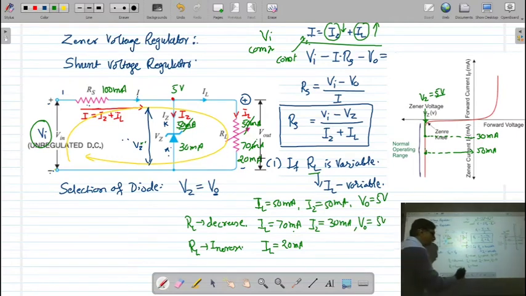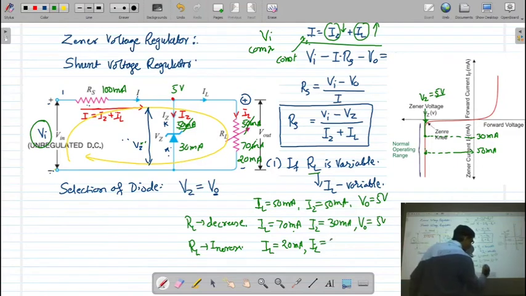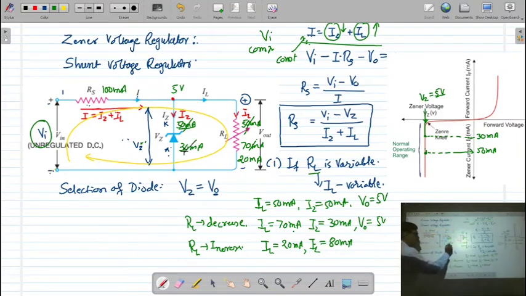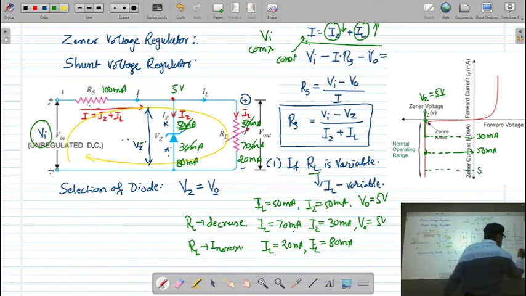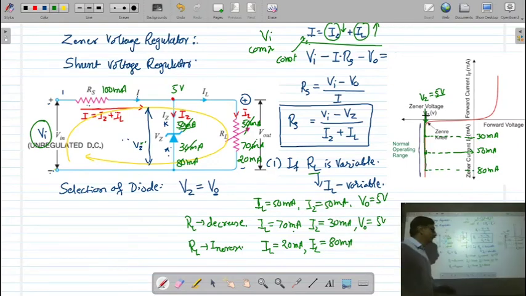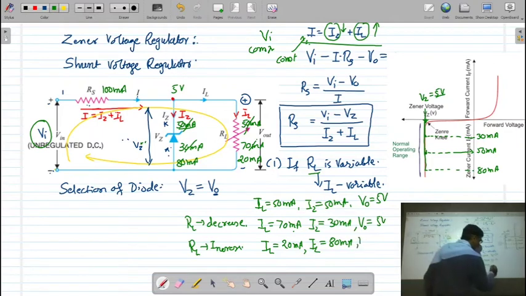So what should the Zener current be now? Iz must be equal to 80 milliampere. So now the current in the Zener is not 30 but 80 milliampere. And for 80 milliampere, if you see this characteristic, the voltage across the Zener is 5 volt. So VO is equal to 5 volt.